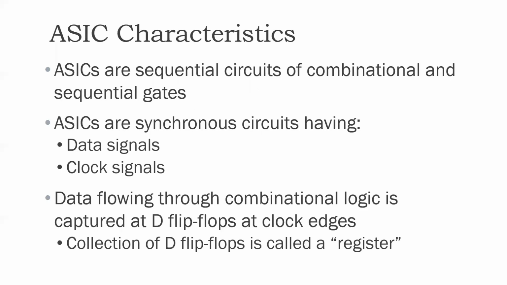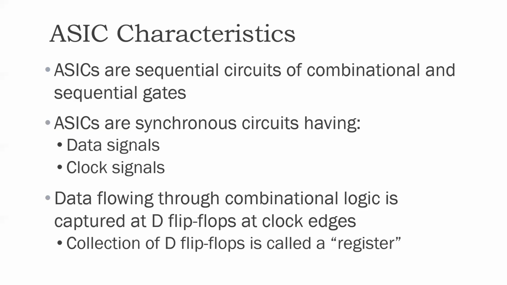What are some characteristics of ASICs? ASICs are sequential circuits, and like all sequential circuits, they therefore have combinational and sequential gates. Combinational gates are gates like NAND gates, NOR gates, muxes, but they can be even more complex combinational gates in an ASIC. Sequential gates are flip-flops and latches, but for all intents and purposes, in an ASIC there is only one type of sequential gate that's used very widely, and that's a D flip-flop.